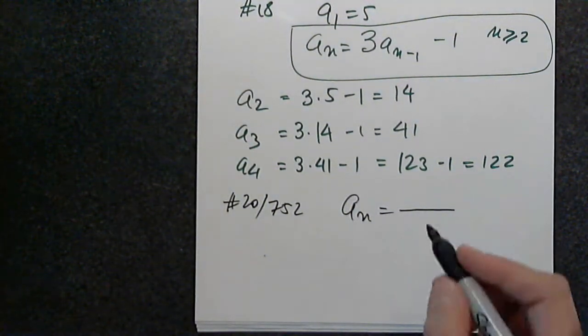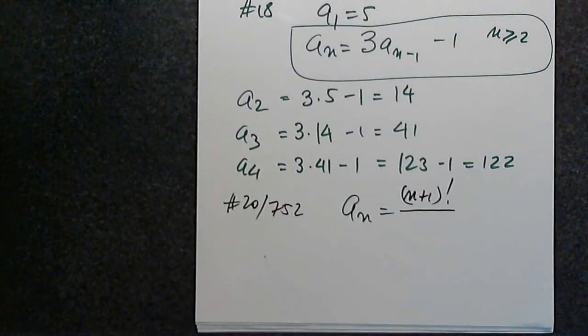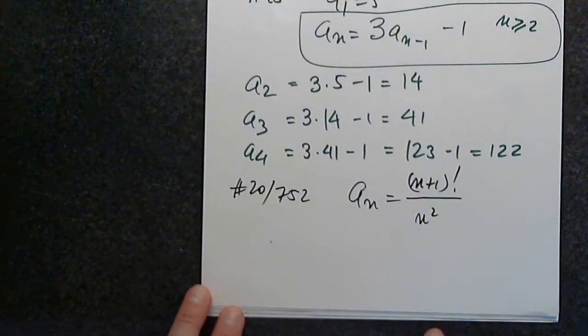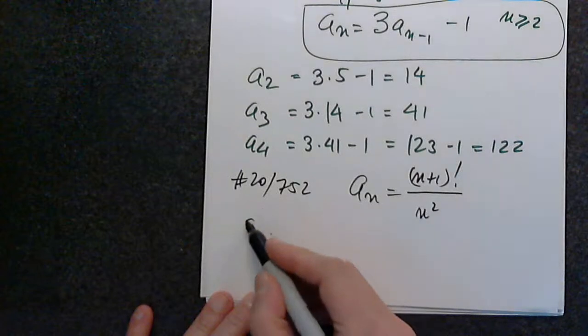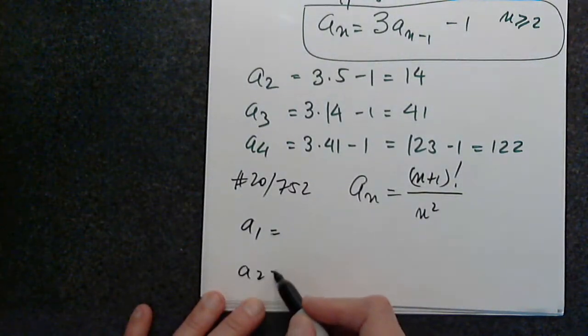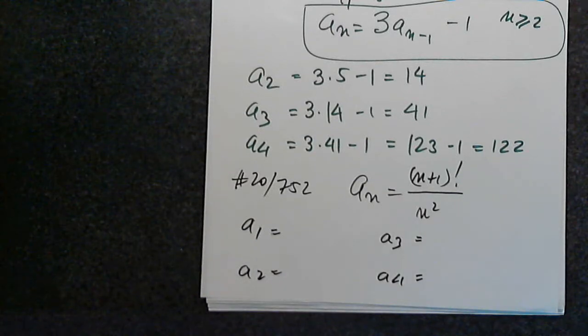At the top, n plus 1 factorial and divided by n squared. This is not a recursive formula. It does not depend on the previous term. I'm given the general term now. So I need to identify or find A1, A2, A3, and A4.